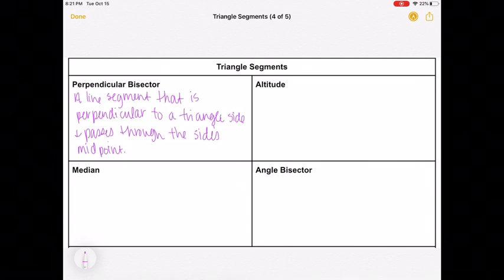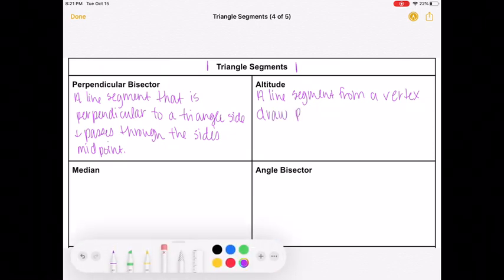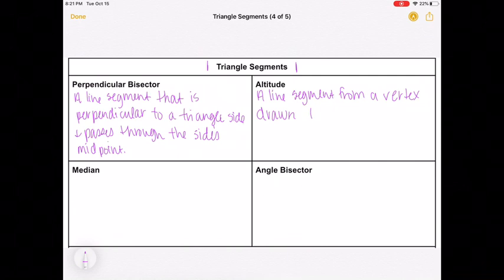Okay, altitude. So you want to think altitude kind of tells you how tall the triangle is. And all of these are segments, as it says up here, right? Okay, so altitude is a line segment from a vertex drawn perpendicular to the base.